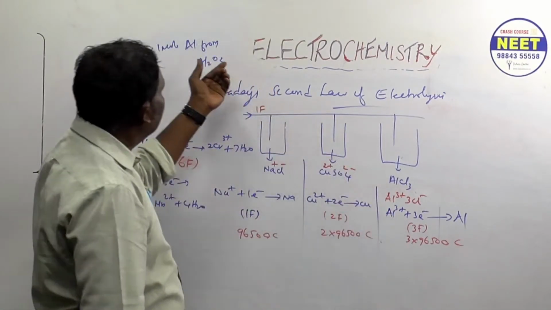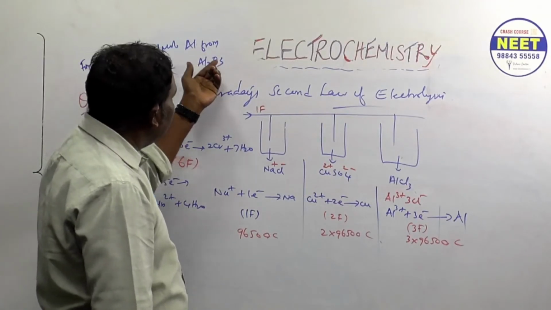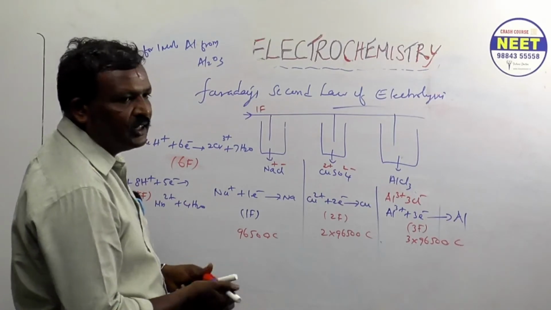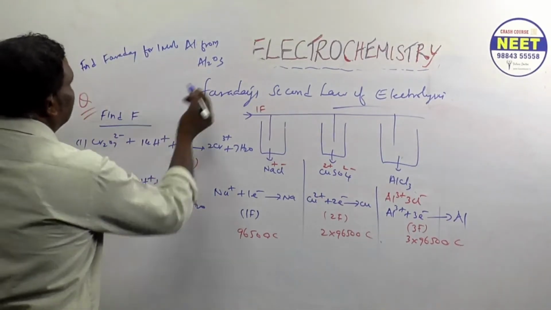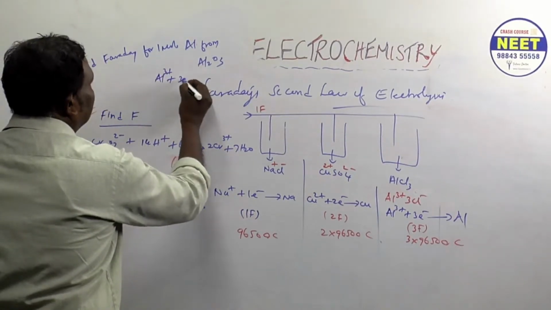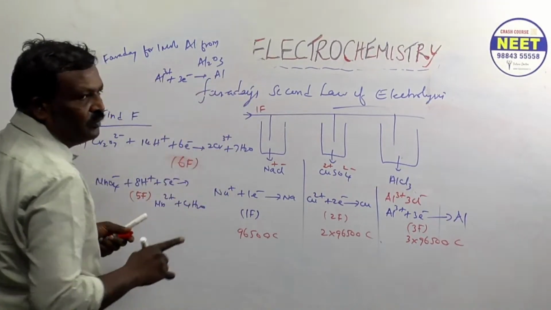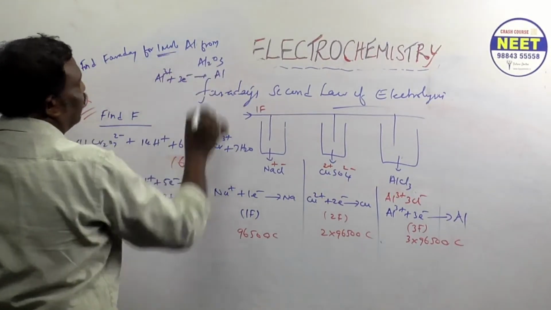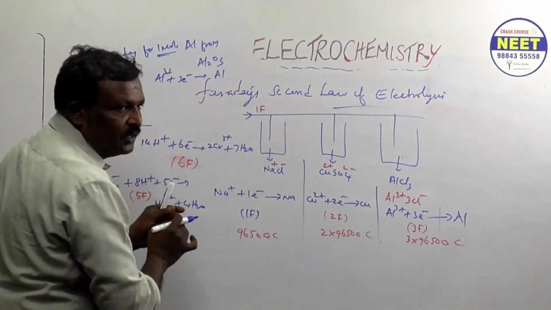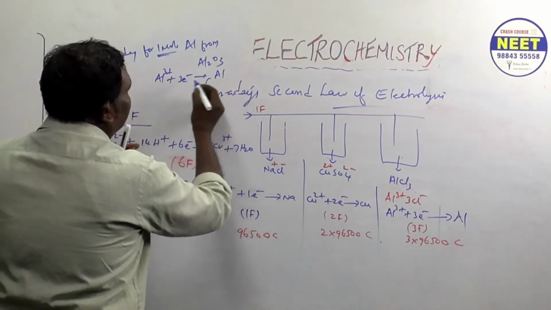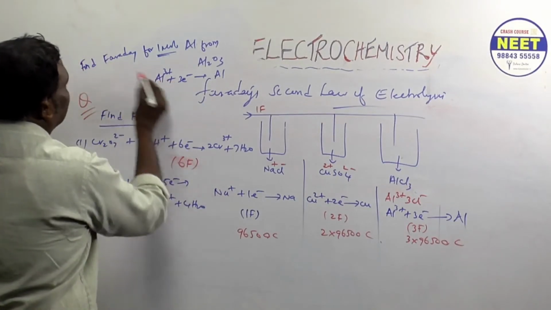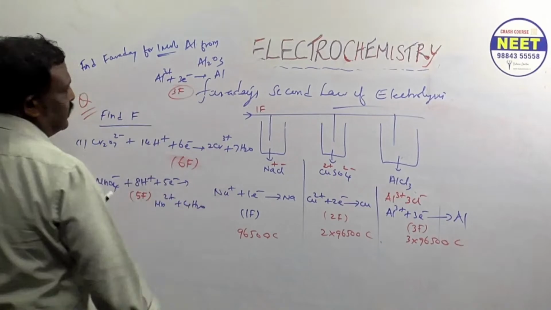Likewise in Al2O3, Al is in the form of Al3+, Al3+ only. Understood? So Al3+ gets 3 electrons, then it becomes Al. They are asking 1 mole. So what's the answer? How much Faraday is required? 3 Faraday is required. That's all.